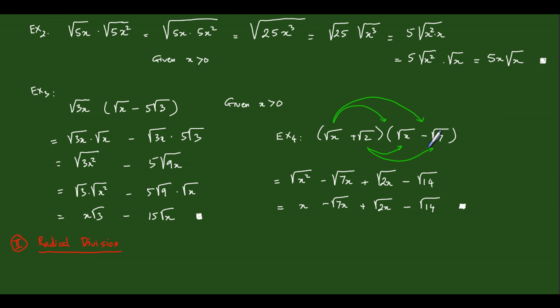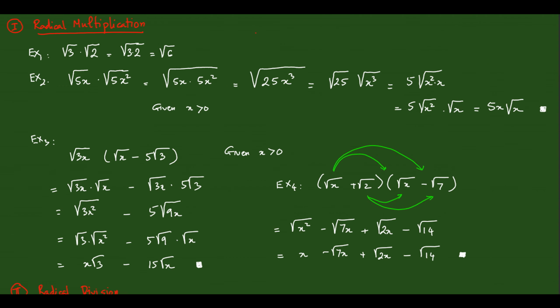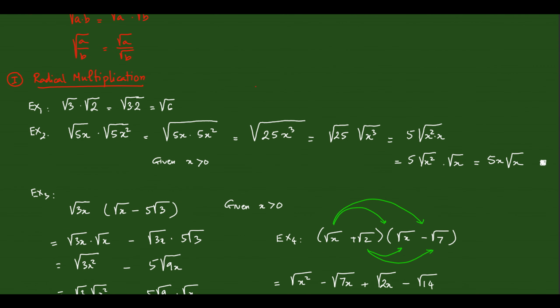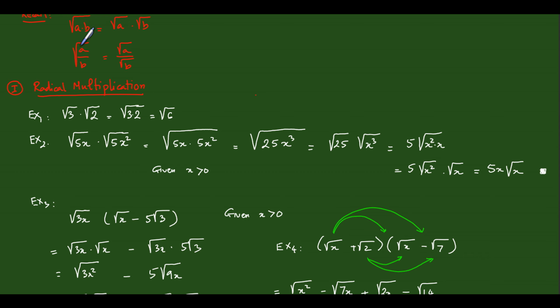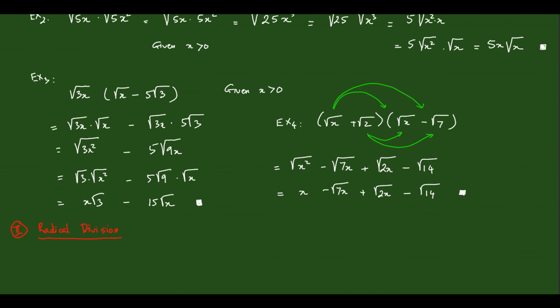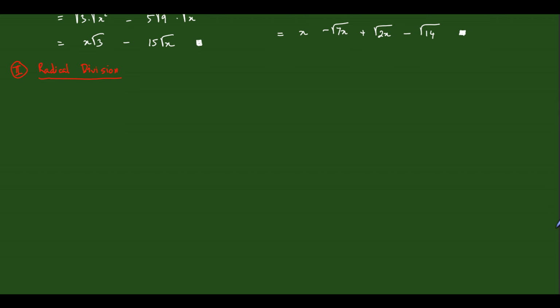Again, we're going to apply the second property. The second property says that you can combine and split up, or we can go from right to left. So you split it up, then you combine. You can combine them together.